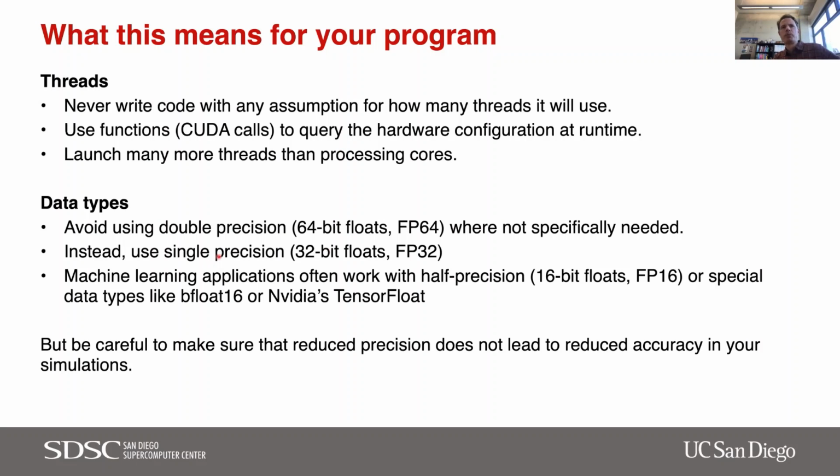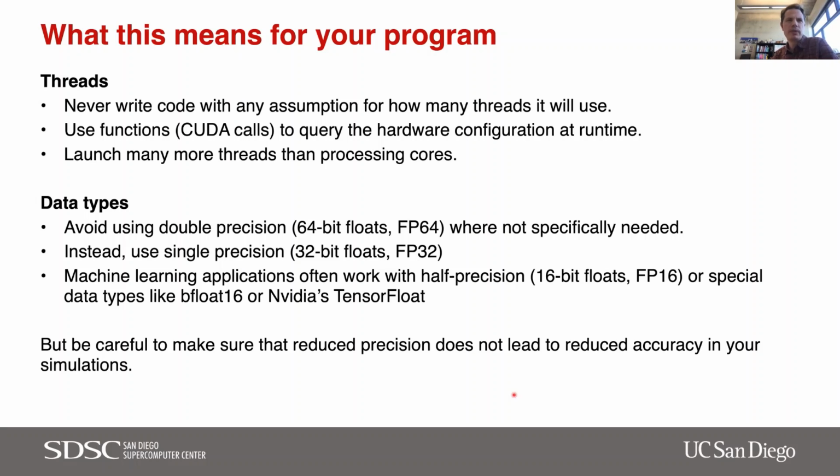Another thing to keep in mind is that if you can, you should avoid double precision, because the performance of single precision is higher. That is also true for CPUs, of course, but it's easier to exploit on GPUs. For machine learning applications, often you can work with half precision, or there are special data types now like bfloat16 or NVIDIA's TensorFloat that you can use.